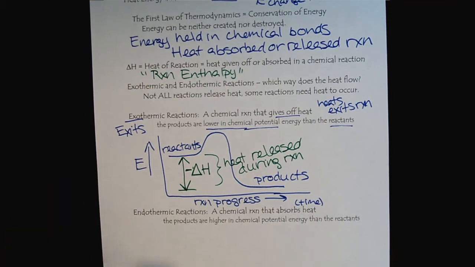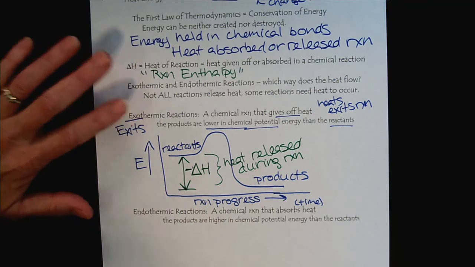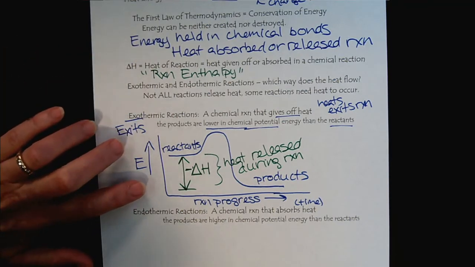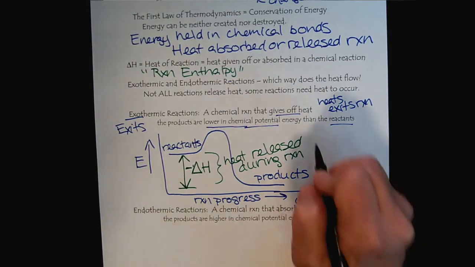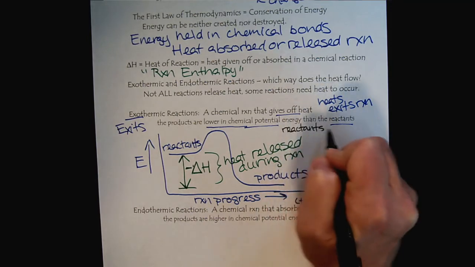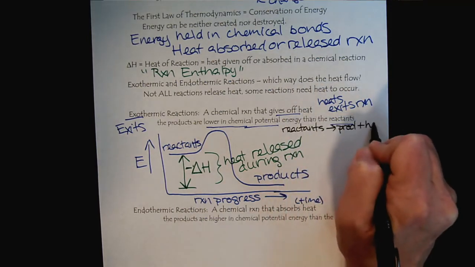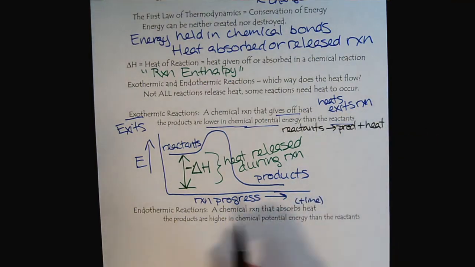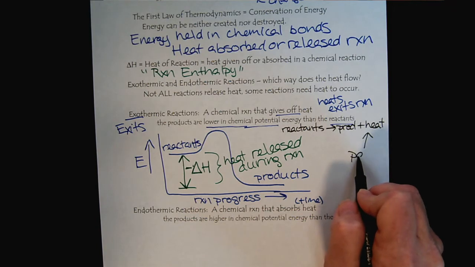Okay, and then to write this out one other way, so we've talked about it in terms of linguistics and with a graph. If we want to think in terms of a reaction, we would have our reactants, and they're going to produce a product, plus heat. Okay, so for an exothermic reaction, think of heat as a product.